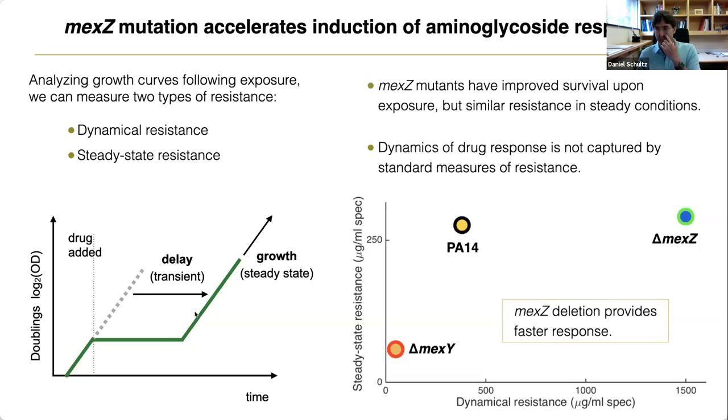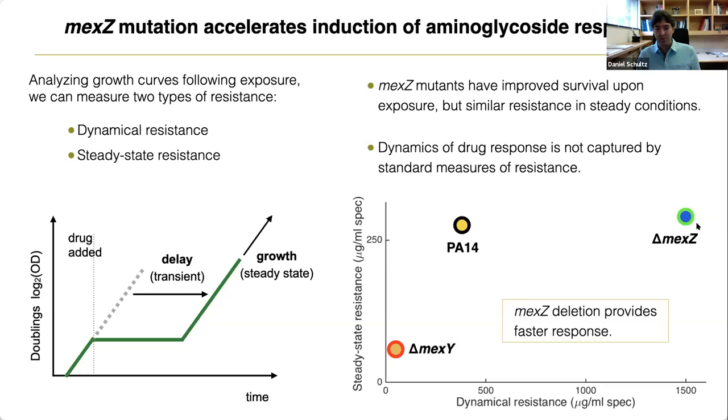And this delay is what we saw in that first experiment. It's the time that it takes for the cells that survive exposure to grow past this background of arrested cells. And from this, we can not only see how the cells grow in the presence of the drug in the steady state, but we can also estimate the fraction of the population that can survive this initial exposure.